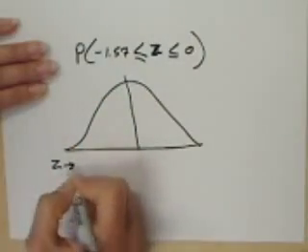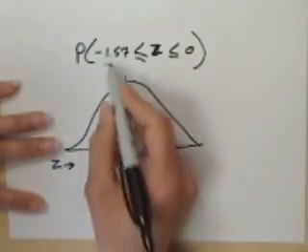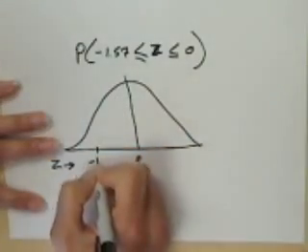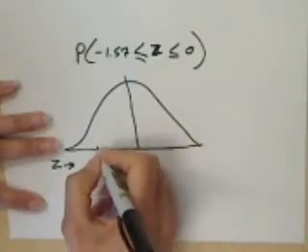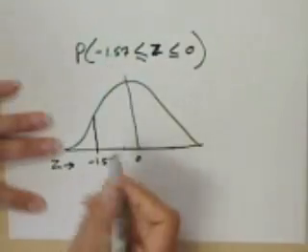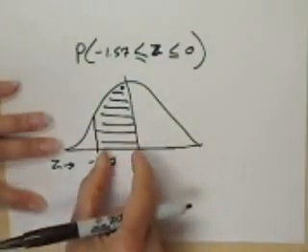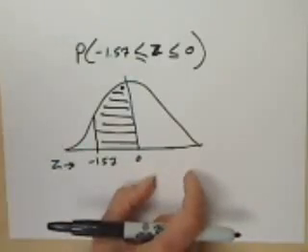We're working with the z-axis. The center of the z-axis is always 0. We're looking for negative 1.57. Go up to the curve, and now we want z to take on values between 0 and negative 1.57. So that's this area. Again, we can directly use the numbers in the table.